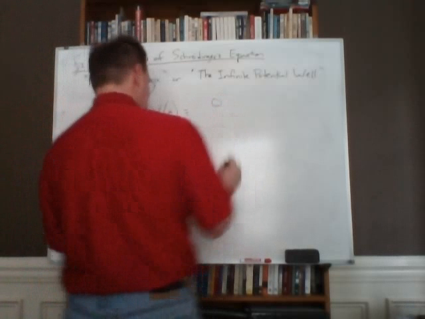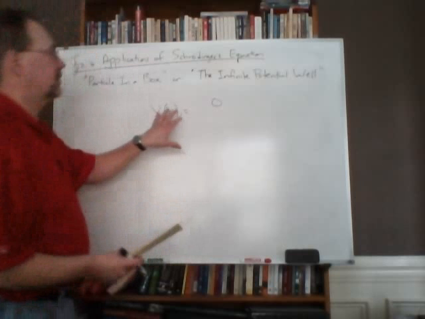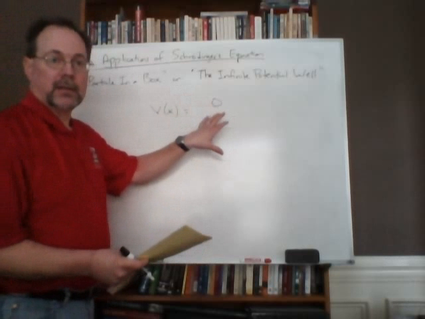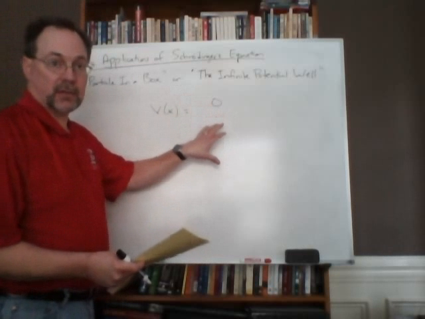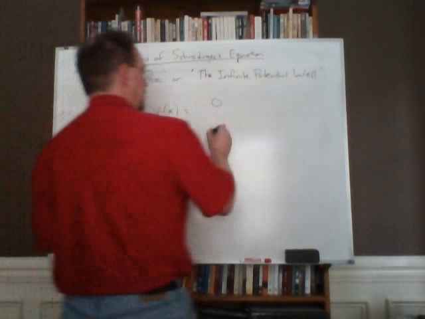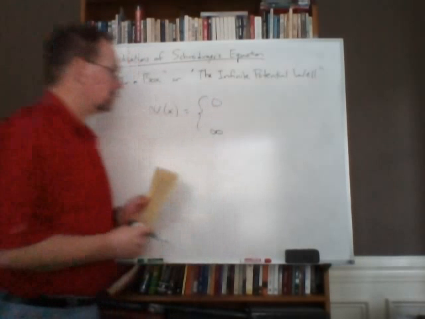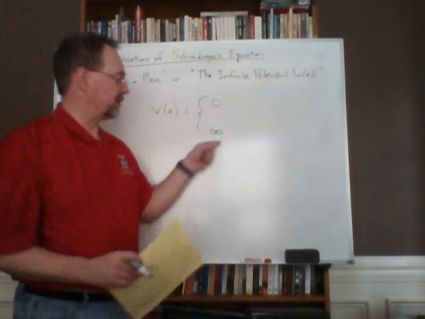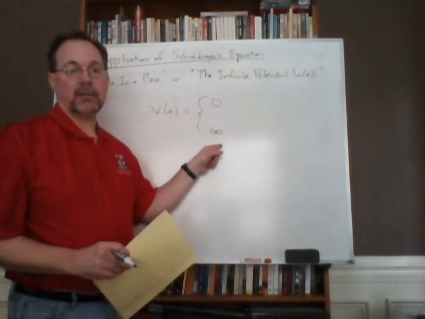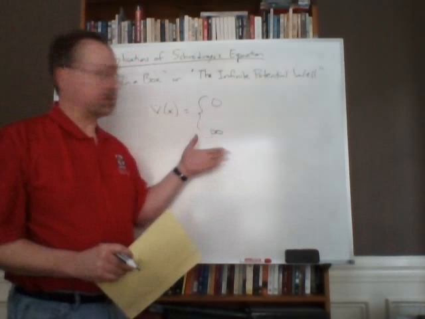We can write it that inside the box, or inside the well, the potential energy is 0. And then outside the well, it's infinite. Thinking back to our boundary conditions, this is going to allow the derivative of the wave function to be discontinuous.